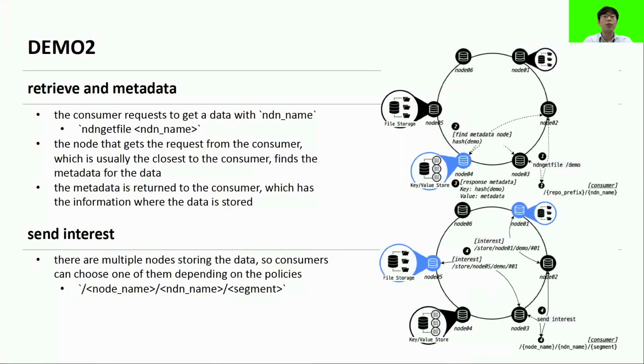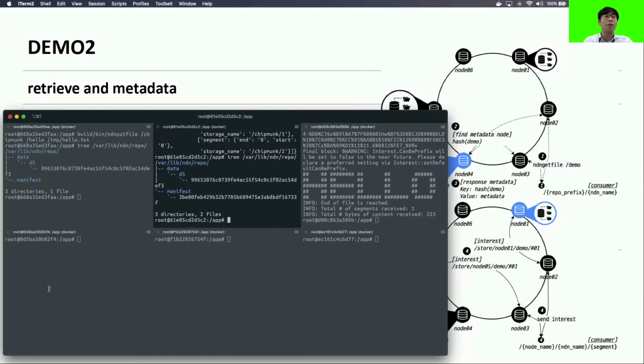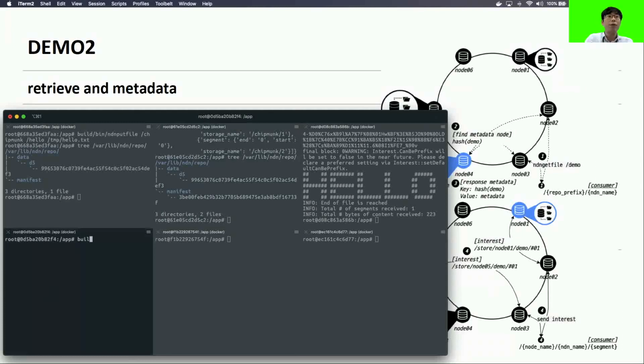When data consumers request the NDN name, metadata is provided like this. NDN get file and NDN name, hello.